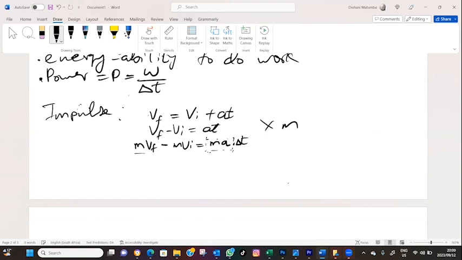Momentum is given by mass times velocity. So this is a change in momentum. On the other side, mass times acceleration is force times the change in time. This is where it comes from.